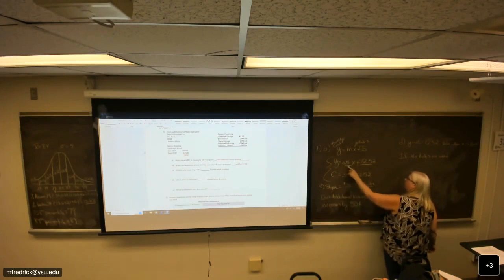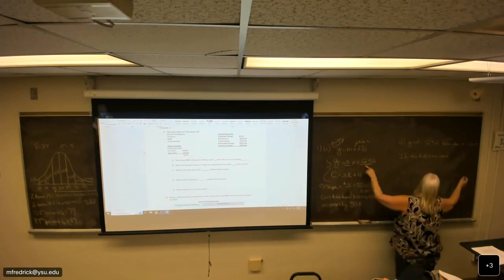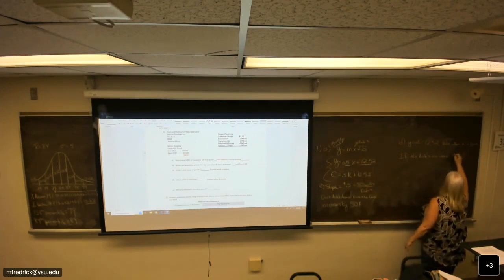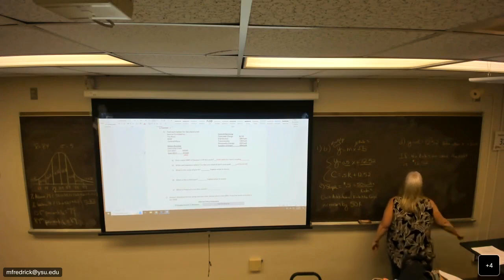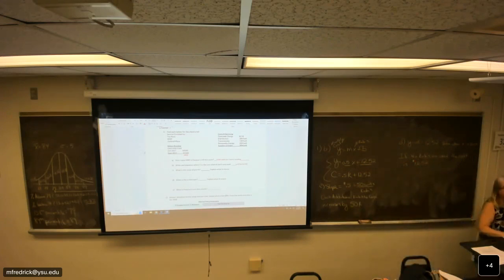If we put 0 in here, this drops out. The cost is $12.52. So your X is 0, whatever it is, there's none of it. So no kilowatt hours. Then in this case, cost is $12.52.